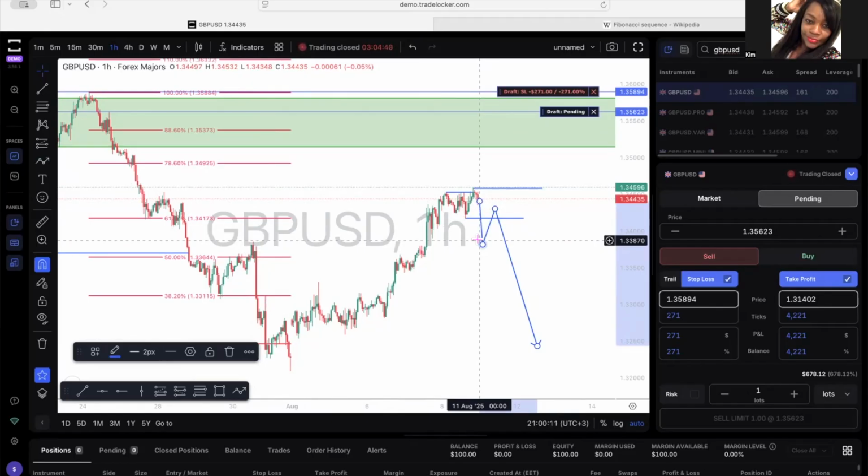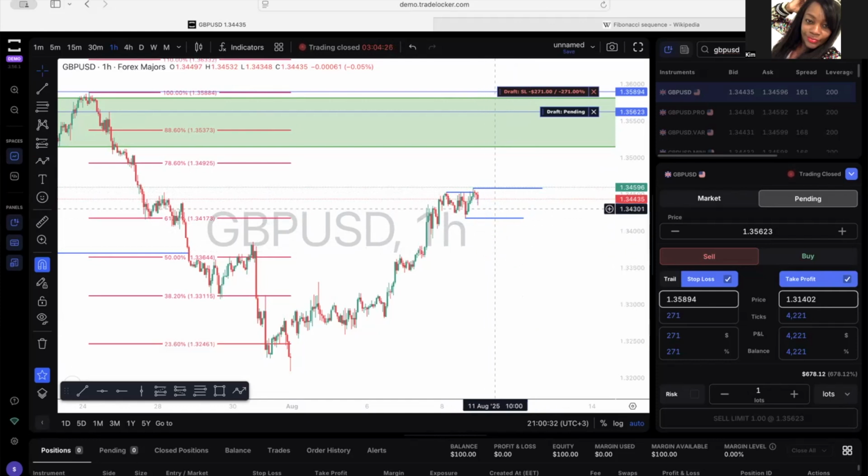Make sense? And you don't want to trade it until it breaks the high or breaks the low, because the market is going to show you exactly what it's going to do.